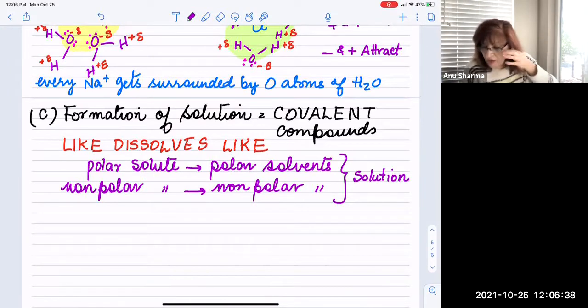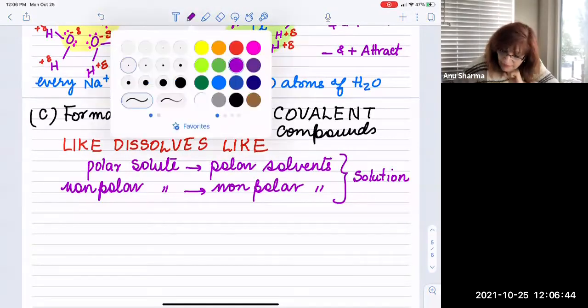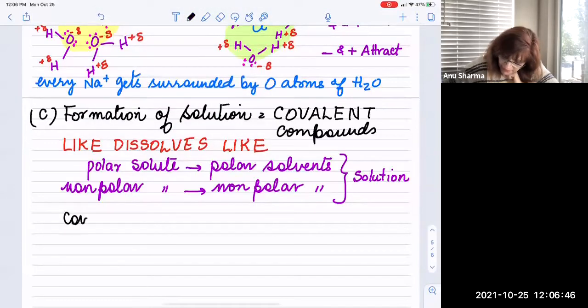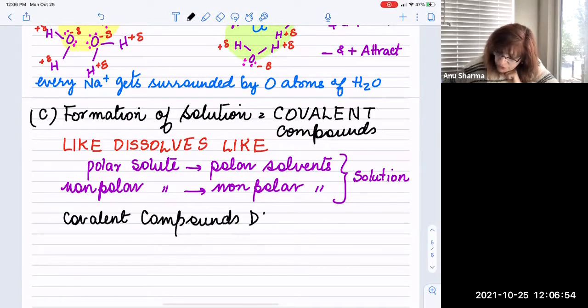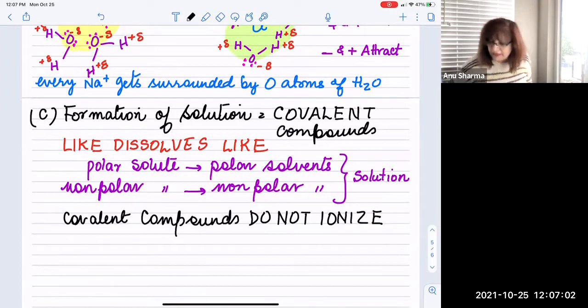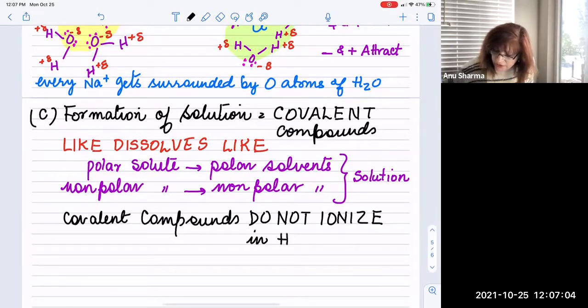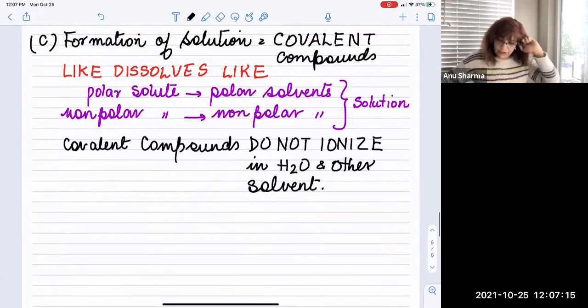All right. Now, the formation of a solution in the case of covalent compounds: as we said, covalent compounds do not ionize in water mostly, and in other solvents also. So then what are we going to use for like dissolves like?